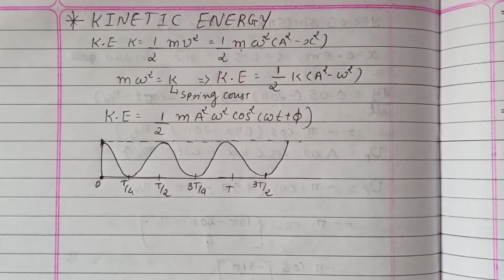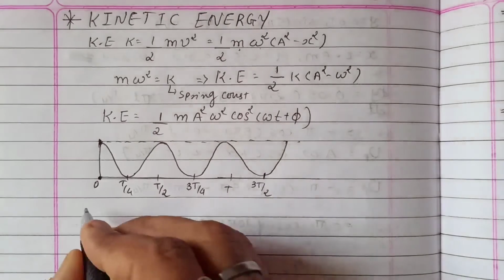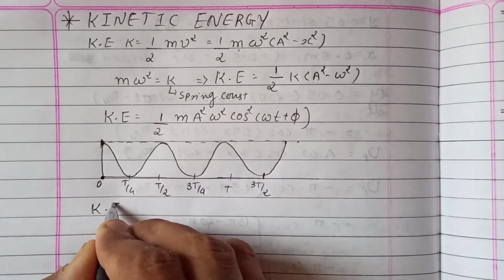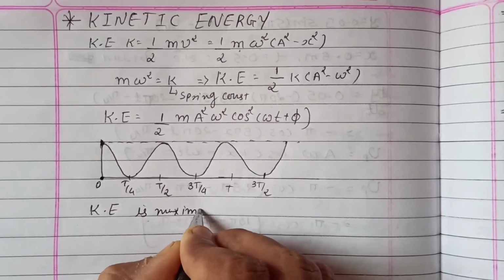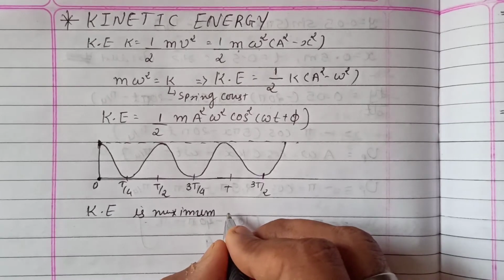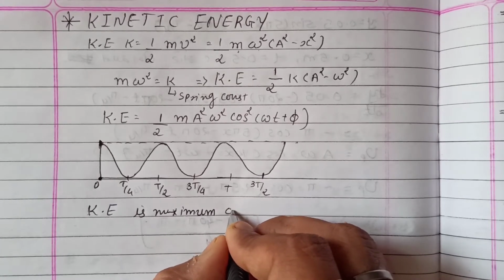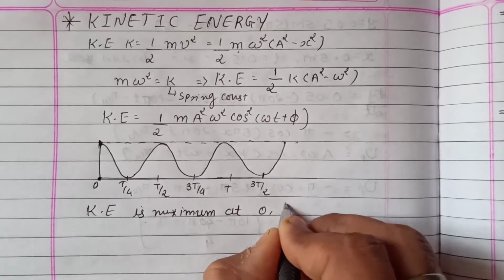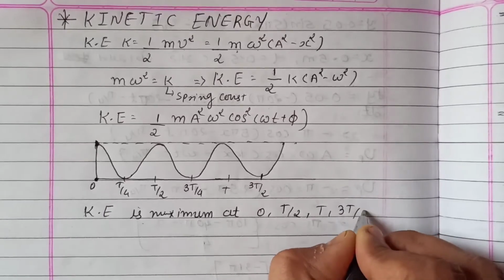From this graph we can say the kinetic energy is maximum at 0, T by 2, T and 3T by 2.